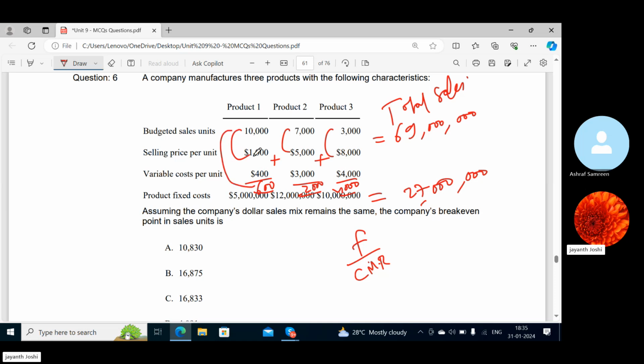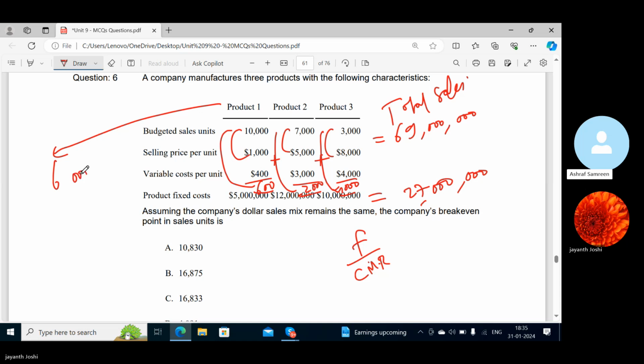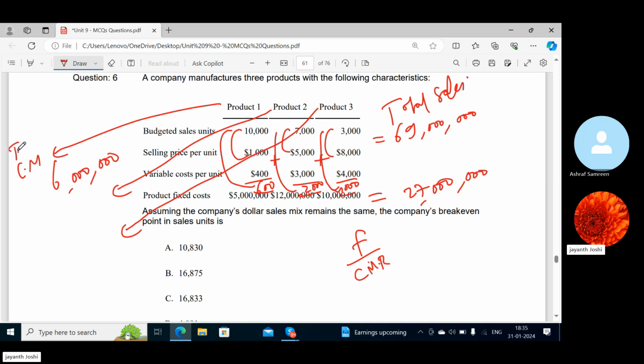So multiply this and this, this and this and this and this, and tell me. 6,000 into 600 into 10,000. 6 million. $14 million. Contribution margin. Just a second.